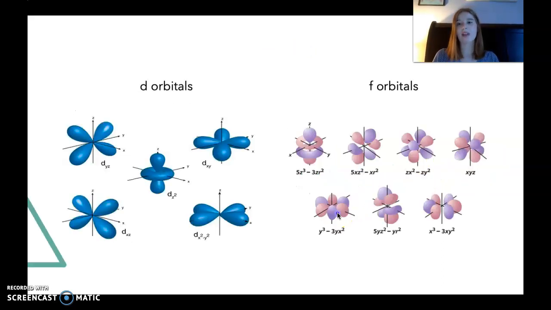Interesting. As the value of L continues to increase, so this angular momentum continues to increase, we get d orbitals and then some f orbitals. And as you can see, they're just getting more and more complex as this angular momentum is growing.